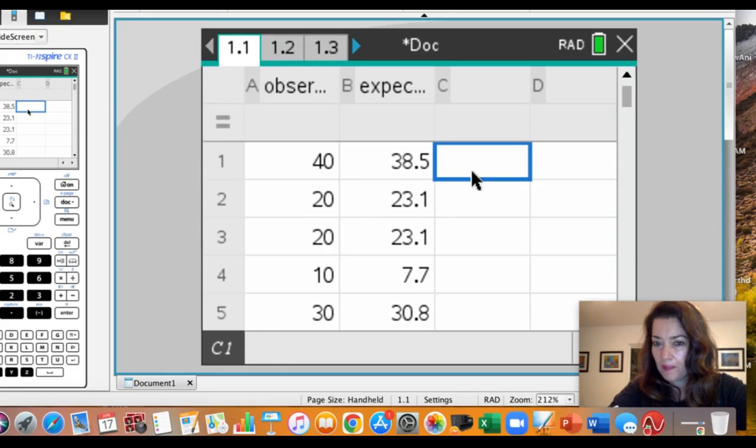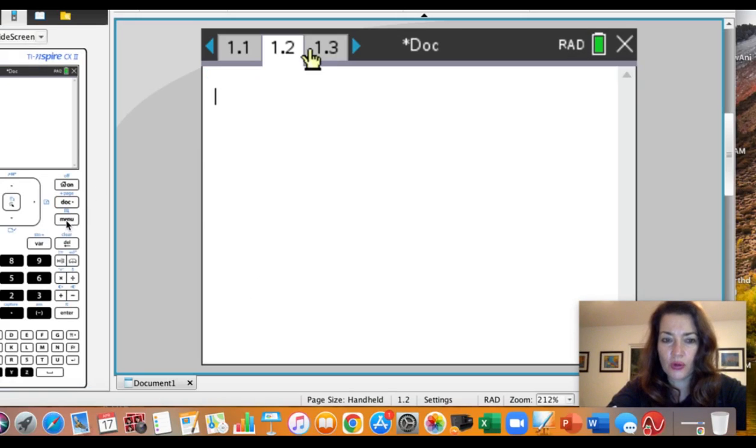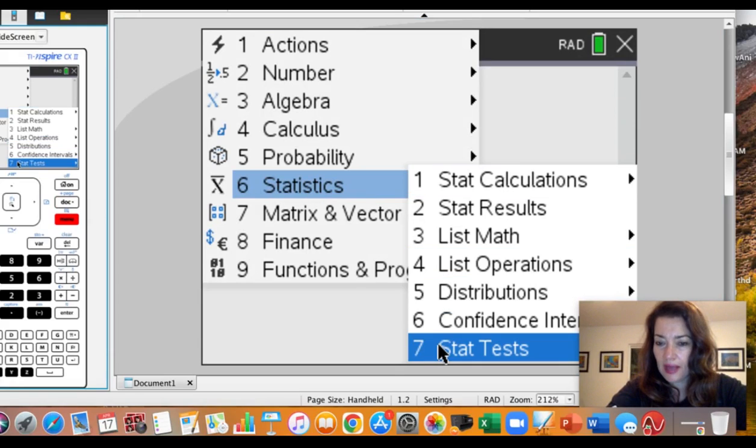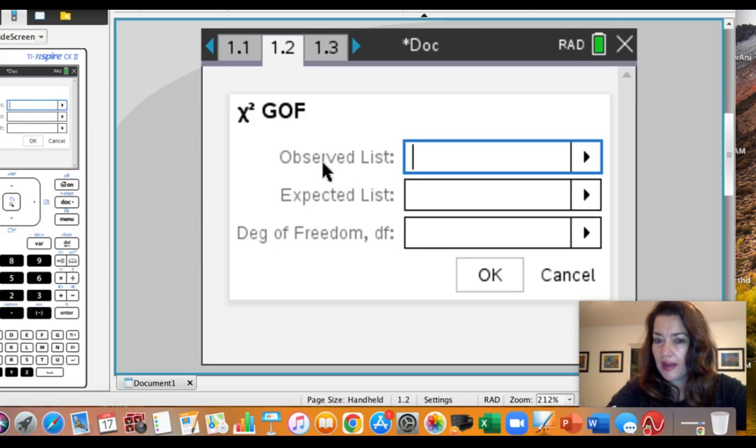Once we do that, and you have your two lists, then I like to open a new page. So I'm going to open a new page. I'm going to add the calculator. Then I will go to Menu, Statistics, Stat Tests, chi-square Goodness of Fit, number 7. And then here it's going to ask me what is the observed list. I named it observed, and then the expected list, I named it expected.